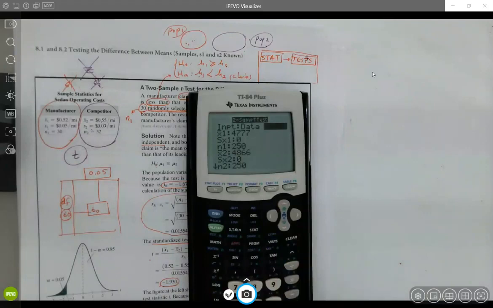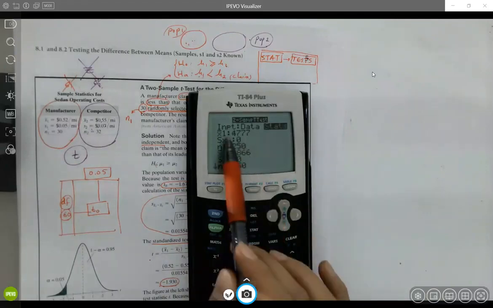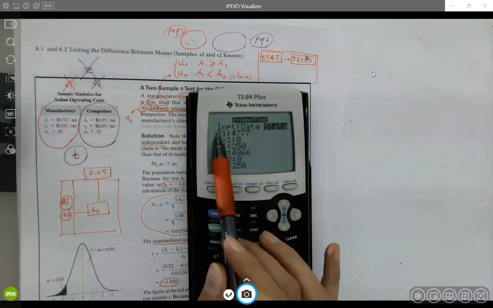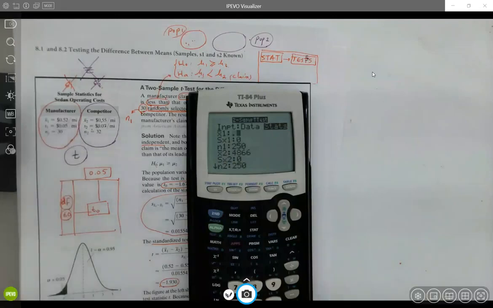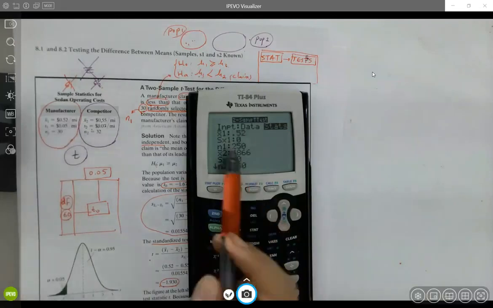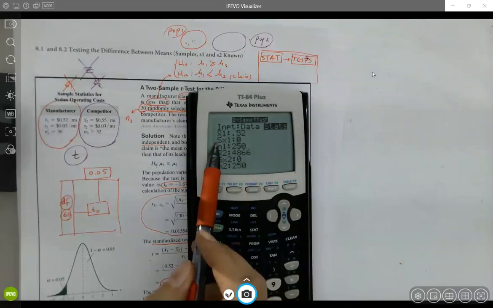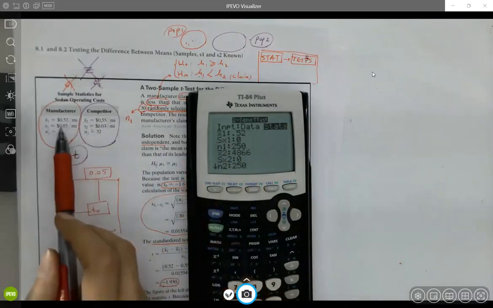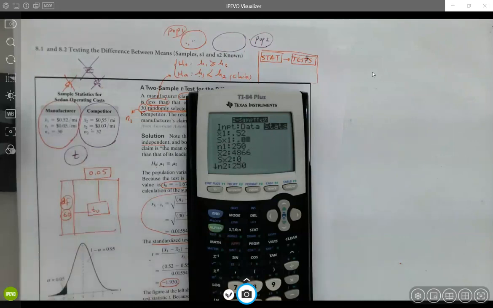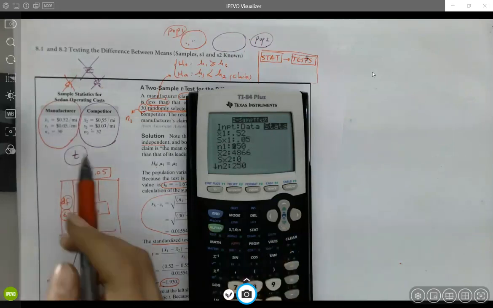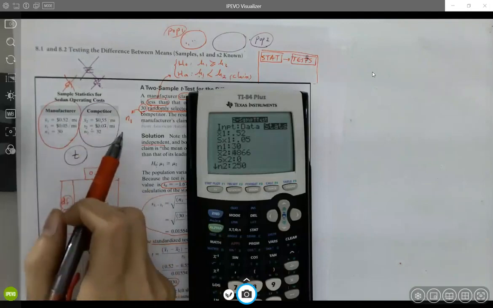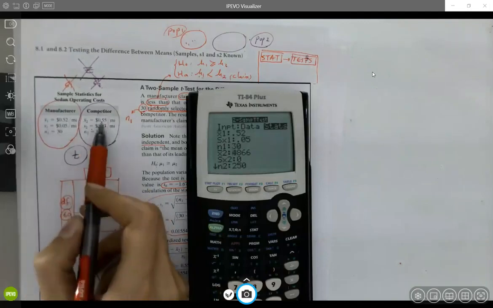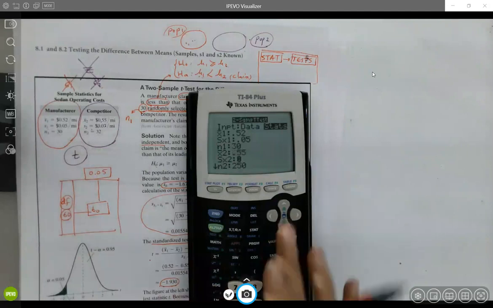So stats. Well, what is x1 bar? It is 0.52. What is the first sample standard deviation? It is 0.05. What is N1? N1 is 30. Okay, second sample. X2 bar is 0.55.